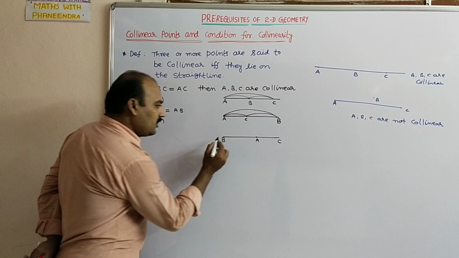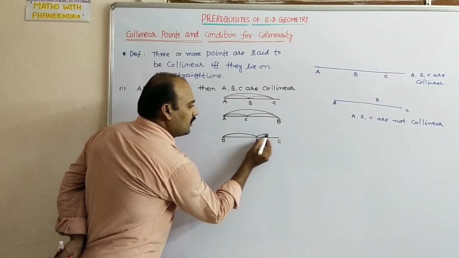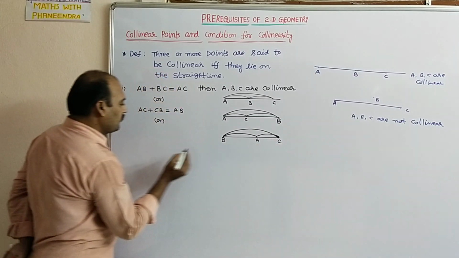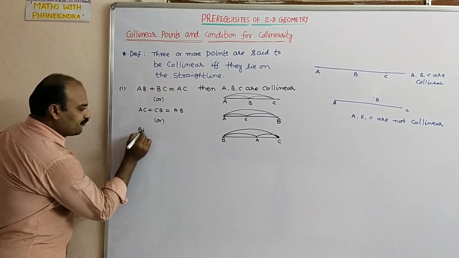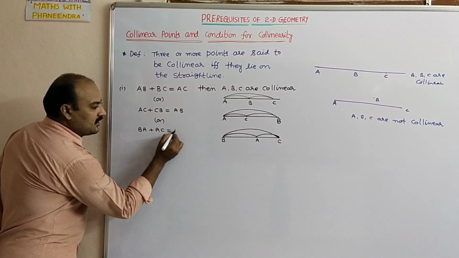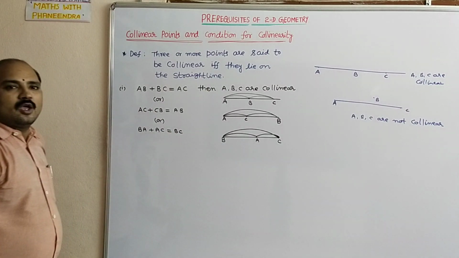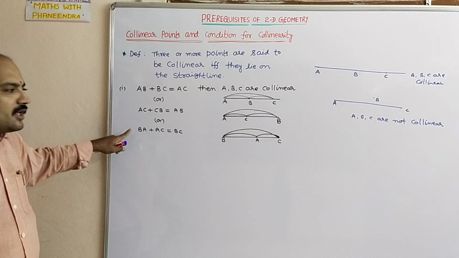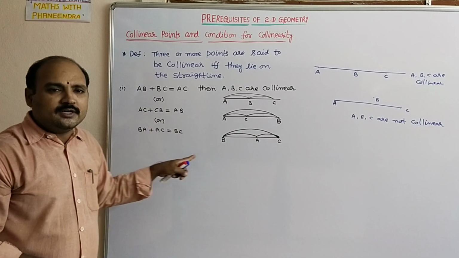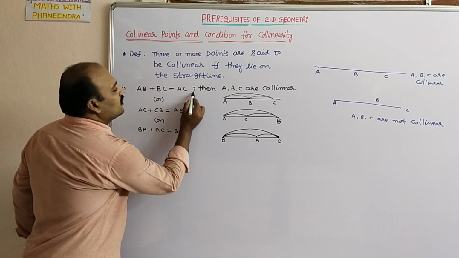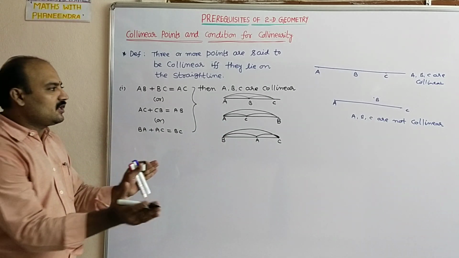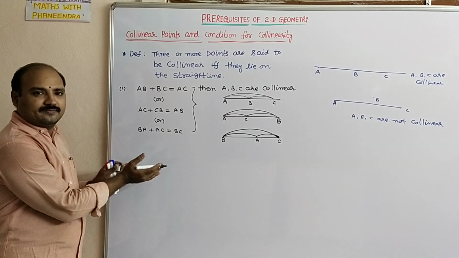According to this figure, BA plus AC is equal to BC. Among these 3 conditions, if any one of the conditions is satisfied by the given points, then the points are collinear. This is the first method.